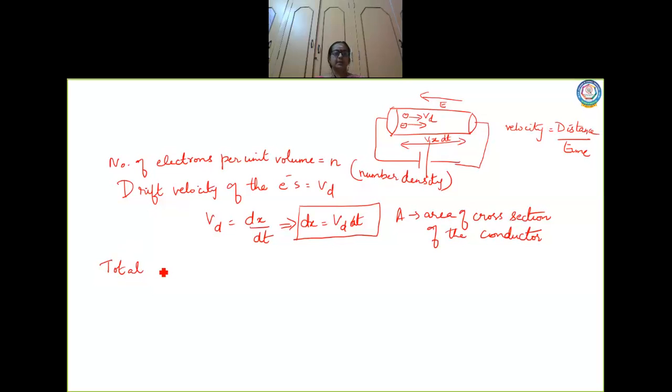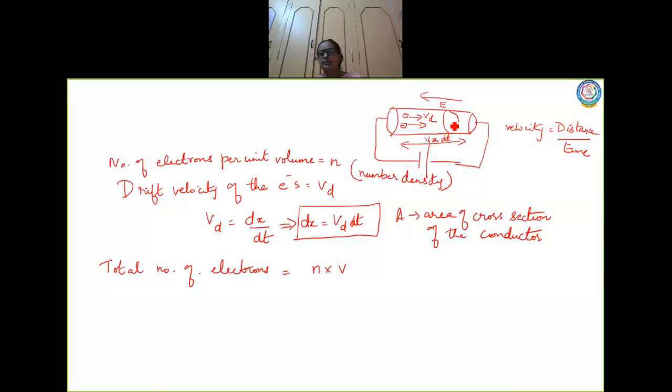Let us find out first what is the total number of electrons. How many electrons are there? Total number of electrons, how do you find out? Number of electrons per unit volume into the volume of the conductor, right? Listen, take a very small area of cross section.